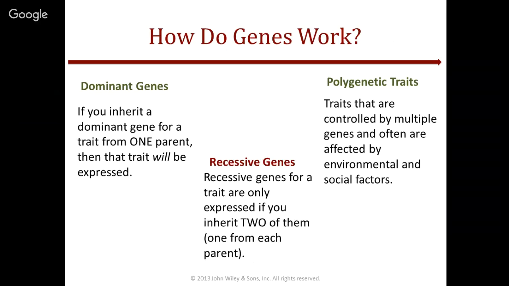Then you have your recessive genes, which are a little bit different. This particular gene is expressed when you have two recessive genes, one from your mom and one from your dad. Those two have to connect in order for you to receive that particular trait. So for example, if your mom has brown hair and your dad has black hair, and you have red hair, then your mom has the recessive gene of red hair, and your dad also has the recessive gene of red hair.